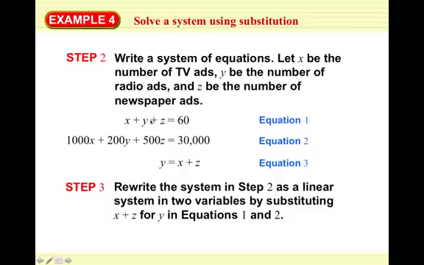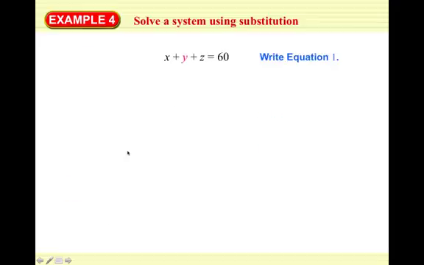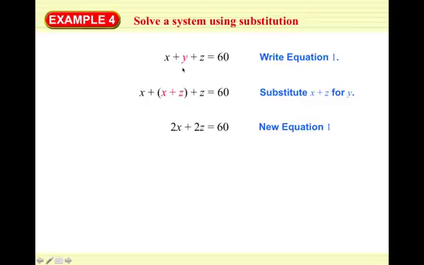So here where we have Y, we're going to put in X plus Z. Here where we have Y, we're going to put in X plus Z. So we're going to have X plus Z plus Z equals 60 because we are substituting X plus Z in for Y. So there's our new equation 1, our 1-star equation. Okay, and we get that by doing X plus X is 2X, Z plus Z is 2Z equals 60.